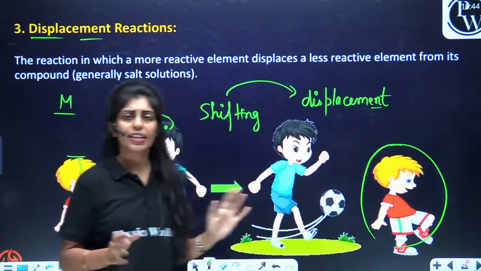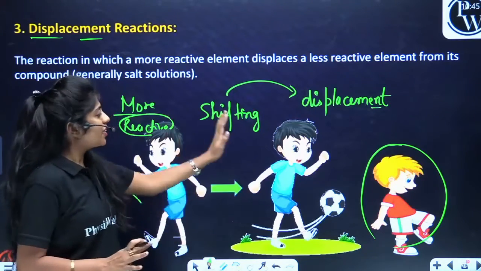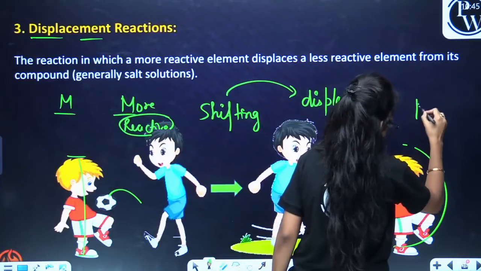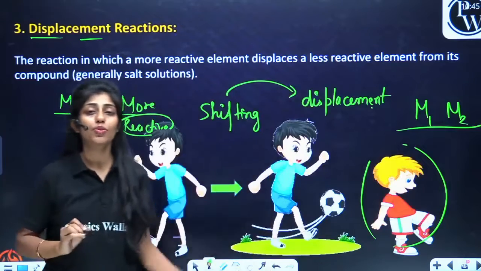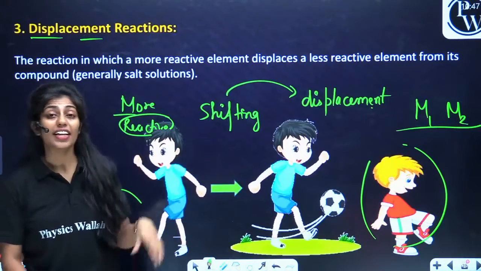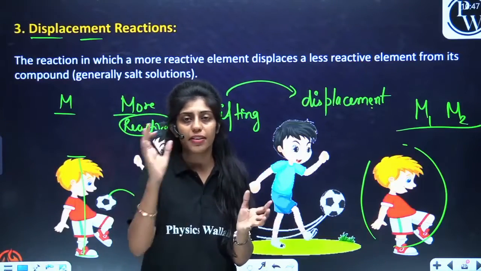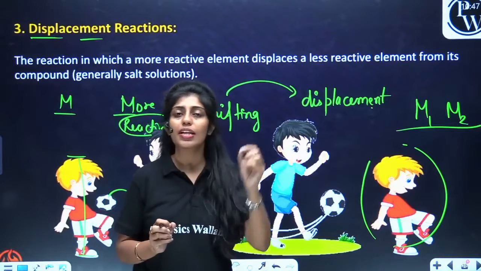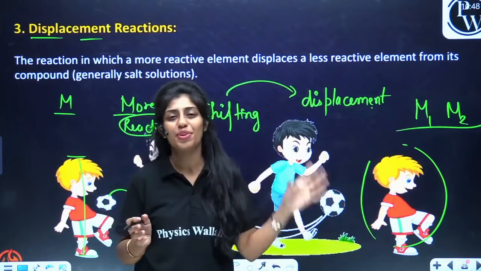That was just an example, you all study well. Basically here there are two metals, 1 and 2. In this reaction, one metal will be more reactive than the other. As I have already told you, the metal which loses electrons faster than the other is the more reactive metal.